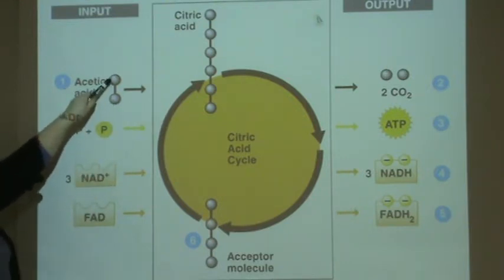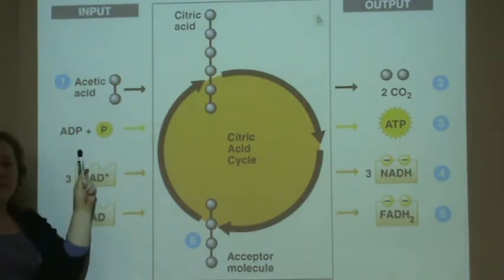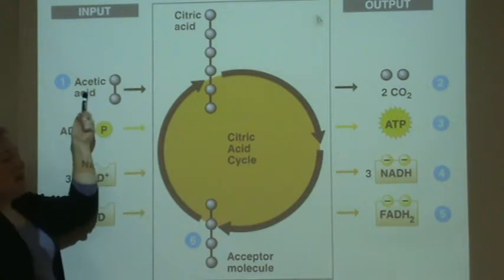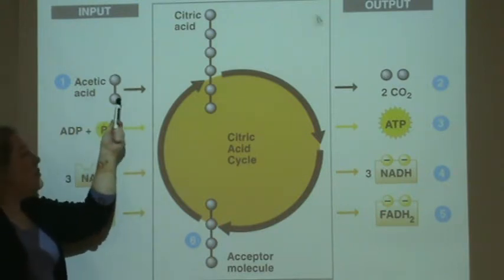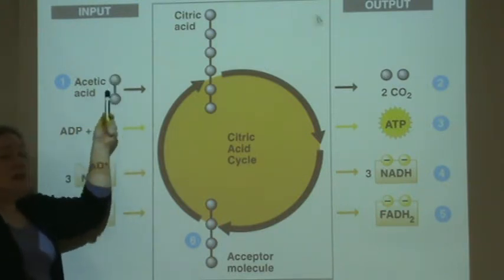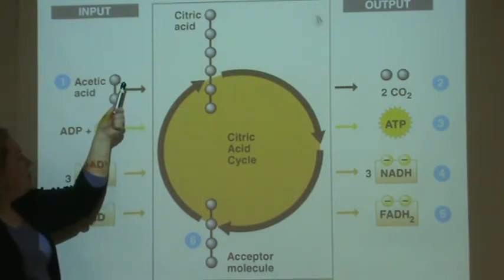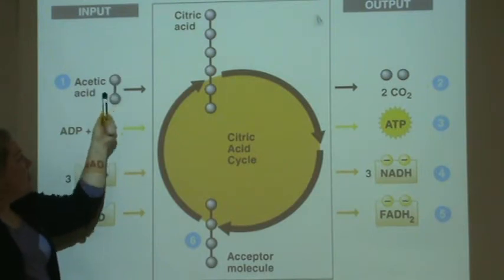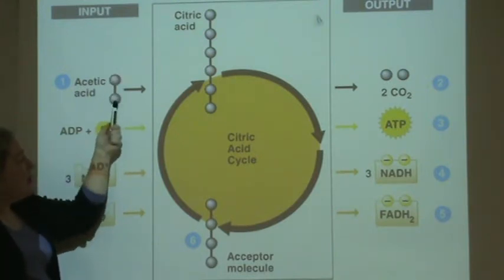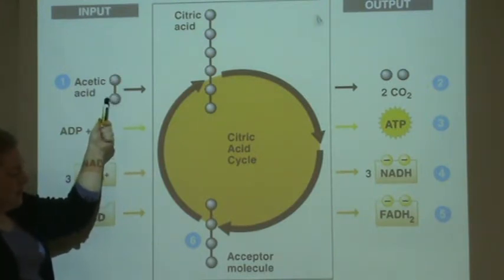So here we have the 2-carbon molecule acetic acid. Notice the CoA has left at this point, but we still have the acetic part. This is like vinegar that you keep in your house. So we have a 2-carbon molecule coming into the citric acid cycle.